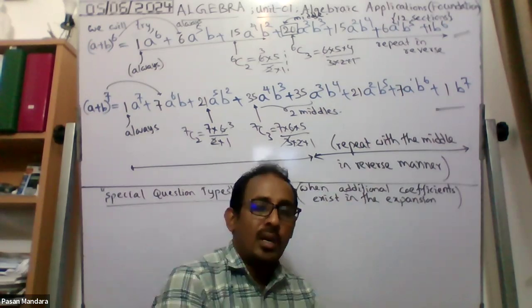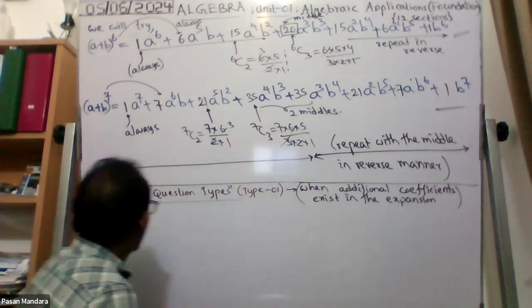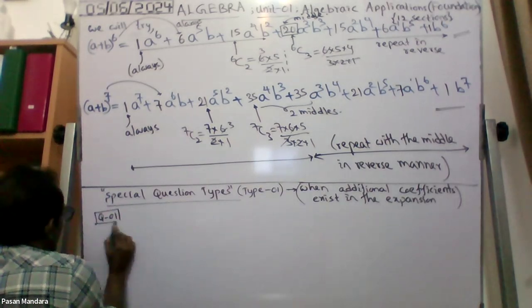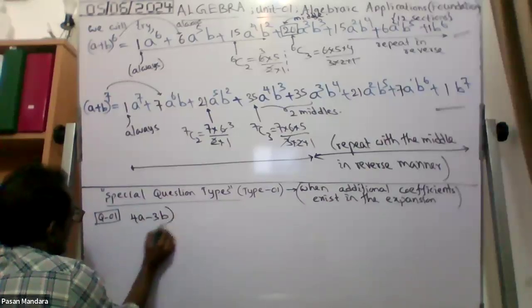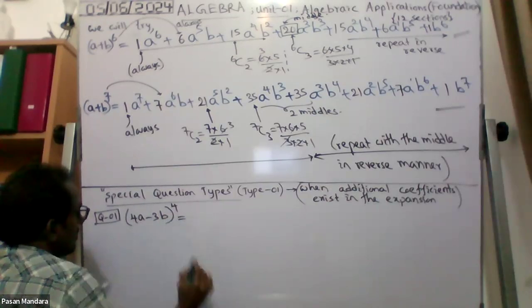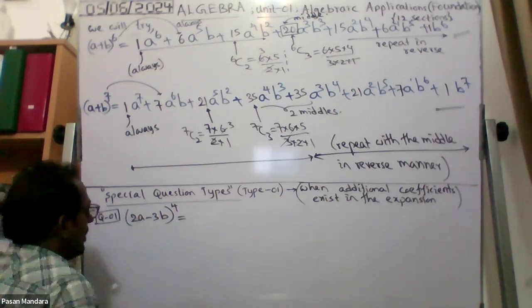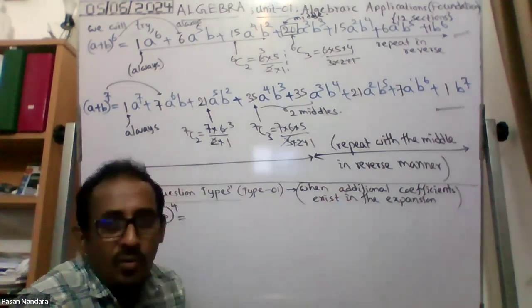Right? Okay. Now students, see this one, this example. So you have some initial additional coefficients there.